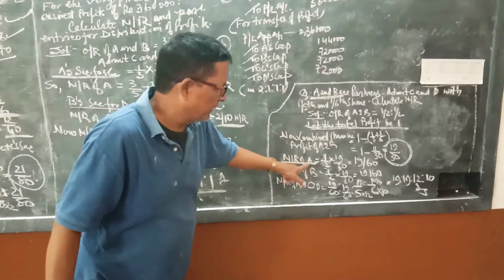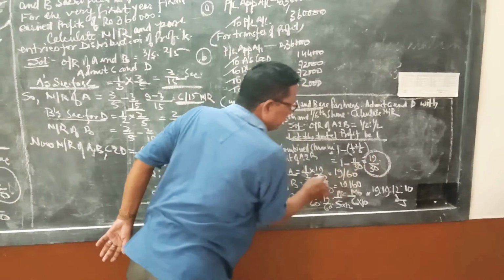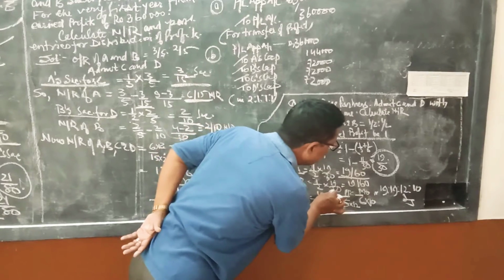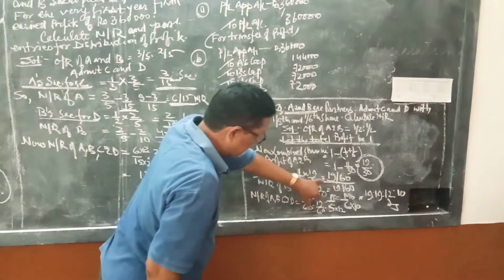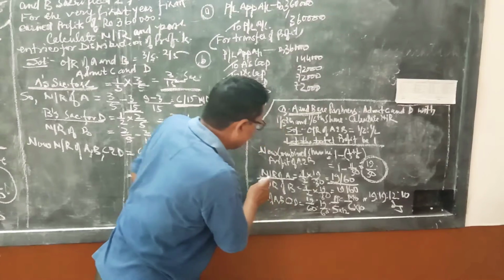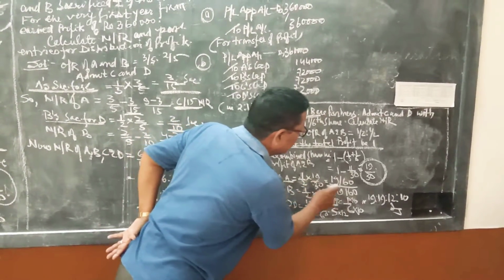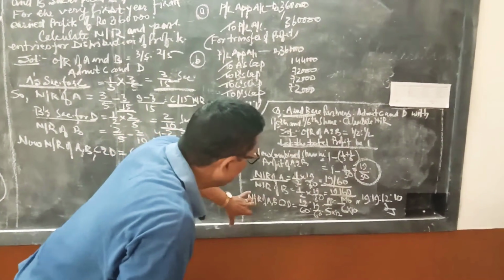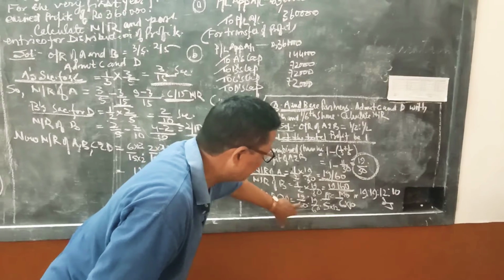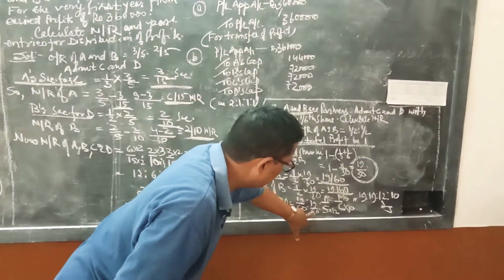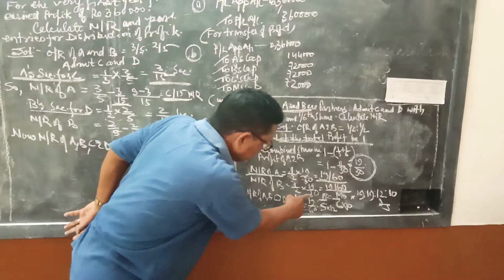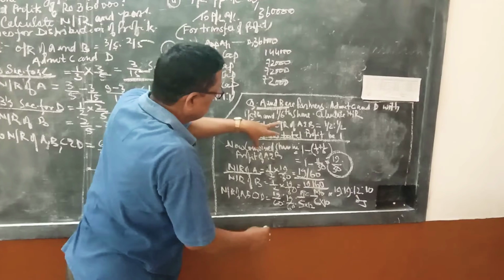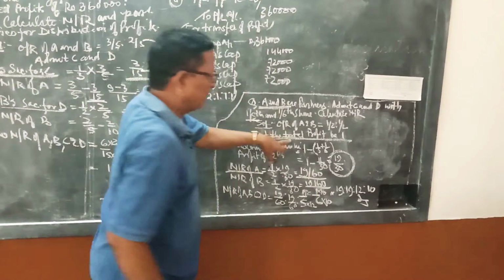So new ratio of A is 1/2 of 19/30, that is 19/60. New ratio of B is 1/2 of 19/30, that is 19/60. So the new ratio of A, B, C and D is 19/60, 19/60, then 1/5 and 1/6.